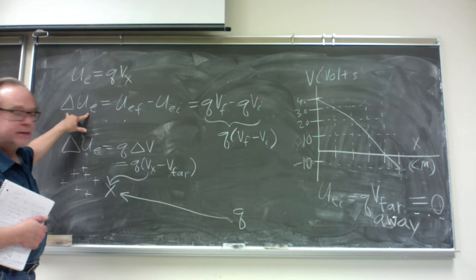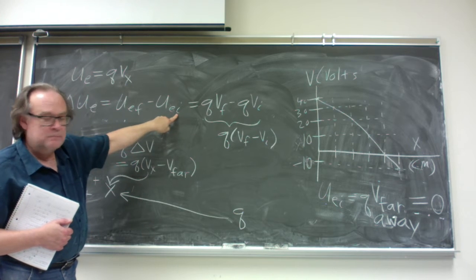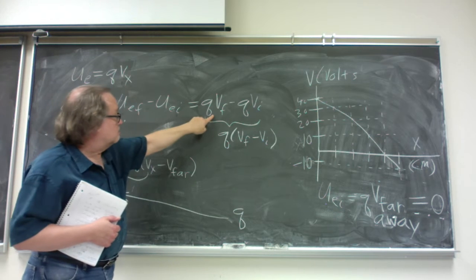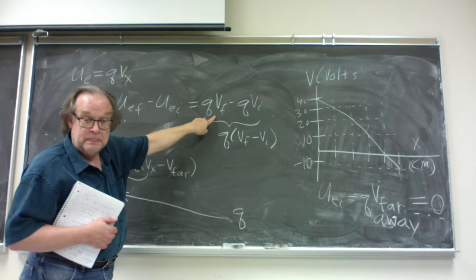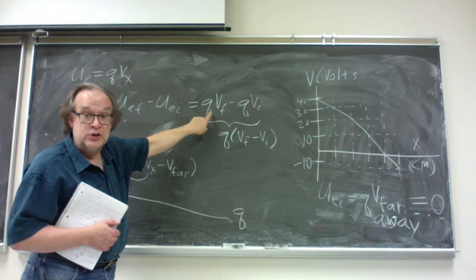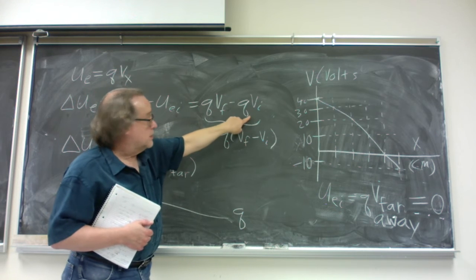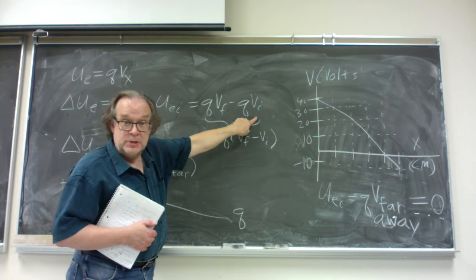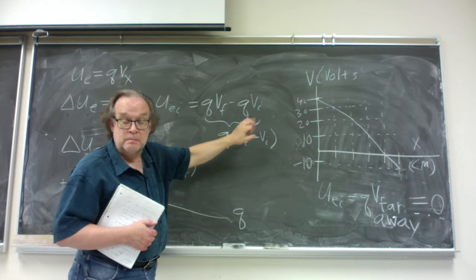Change in anything is just the final value minus the initial value. So the final electric potential energy is just charge times potential at the final location where this charge ends up, minus the initial potential energy, which is just charge times the potential at the starting point where charge Q started out.